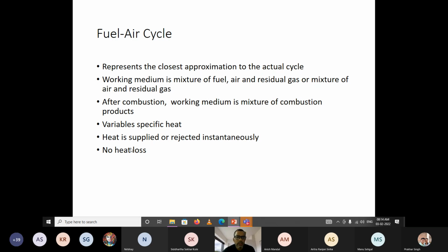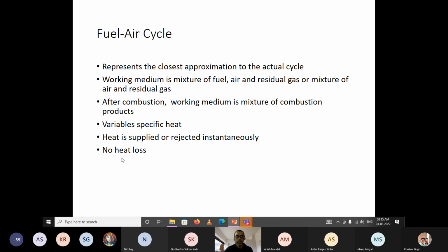But still these two assumptions remain: that heat is supplied or rejected instantaneously and that there is no heat loss. So if you now go from the ideal cycle to the air cycle to the fuel air cycle, we are only playing with these two fuel air assumptions, and we have moved closer to the actual condition in the fuel air cycle compared to the other cycles.